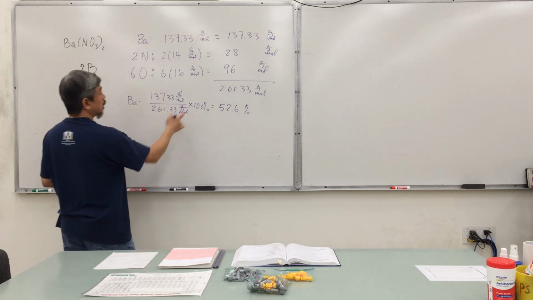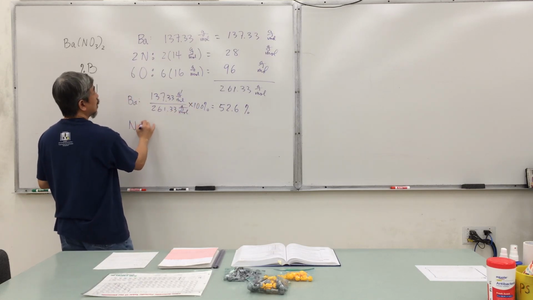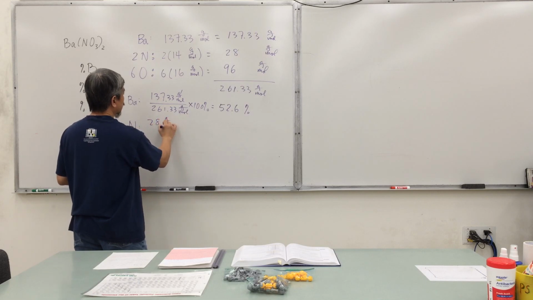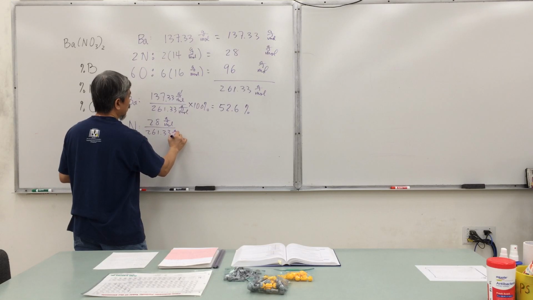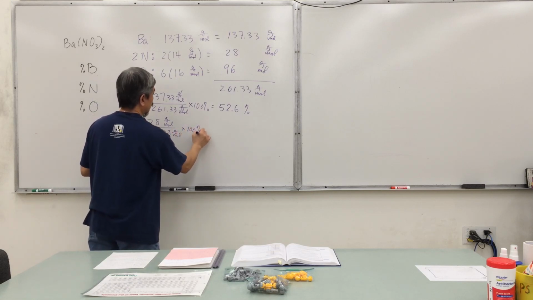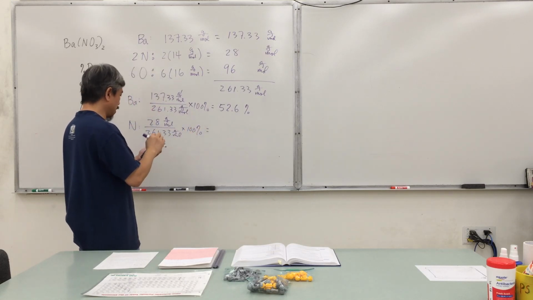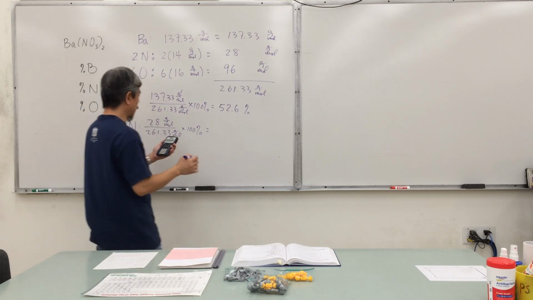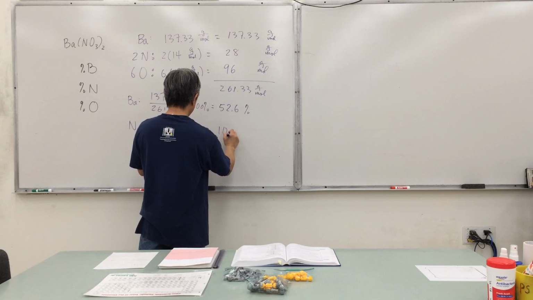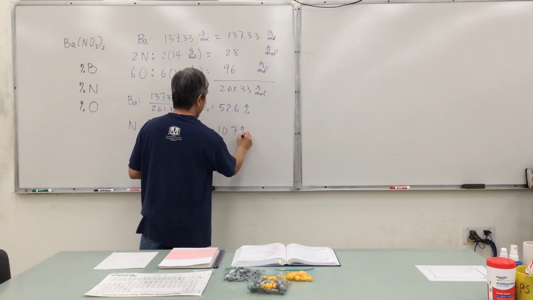And if you go to the next one now for your nitrogen, you have roughly 28 grams per mole, divided by 261.33 grams per mole. That'll give you roughly 10.7%.